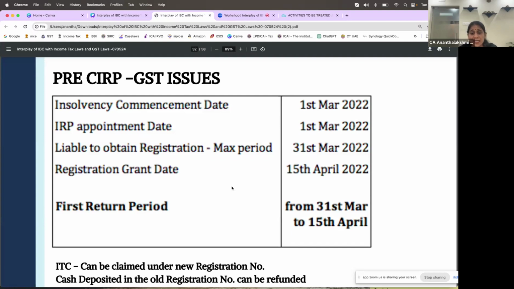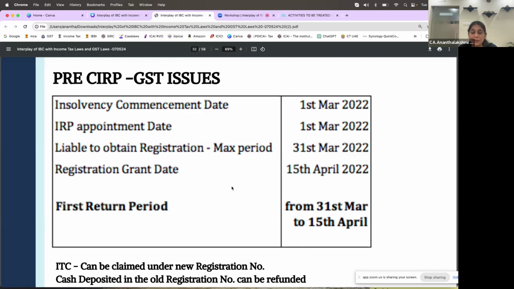When am I liable to get registered? 31st March, 30 days. So from that period to 15th April, that return is called the first return. Generally, a return will be for 30 days, 31 days, 28 days or 29 days. But with regard to this particular thing alone, the period could be shorter. That is 31st March to 15th April.